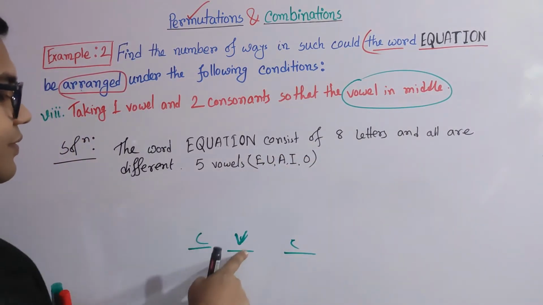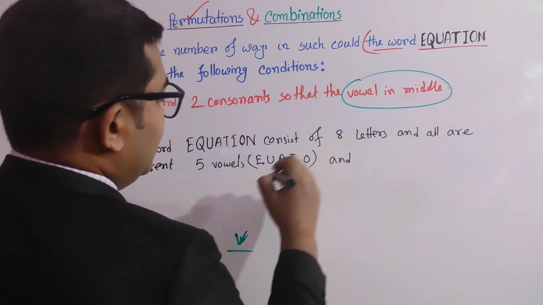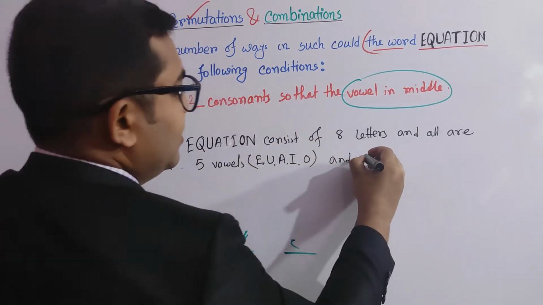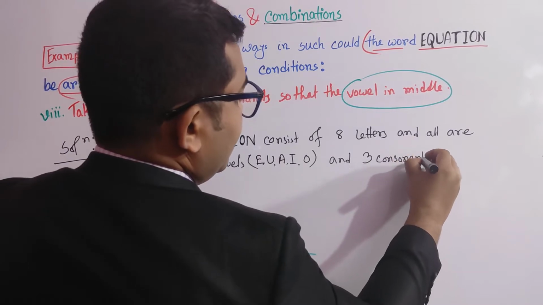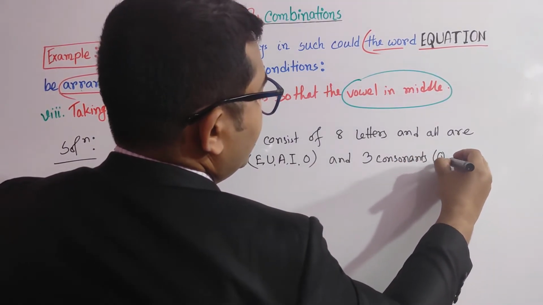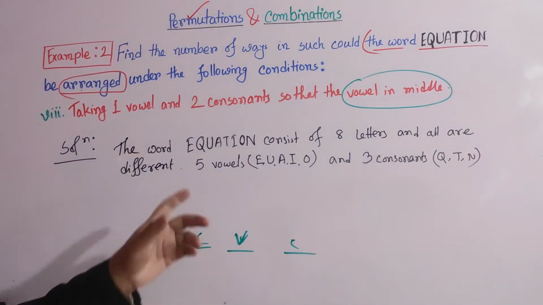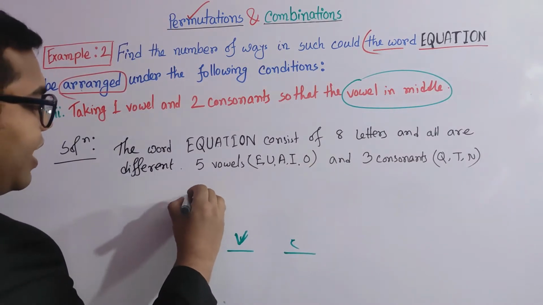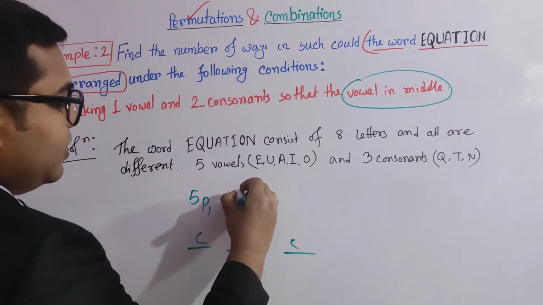From these 5 we have to take only 1, and Q, T, N are the 3 consonants.